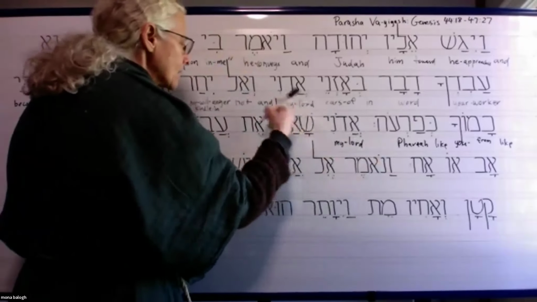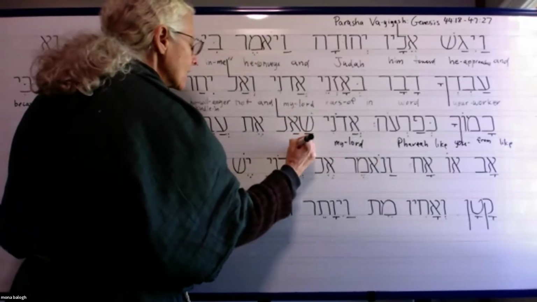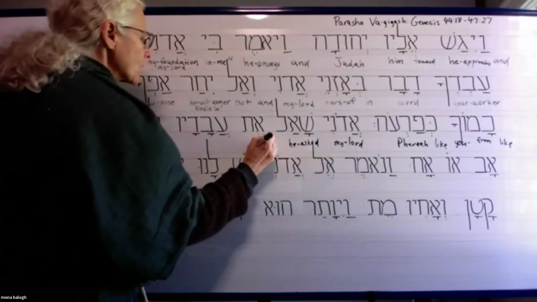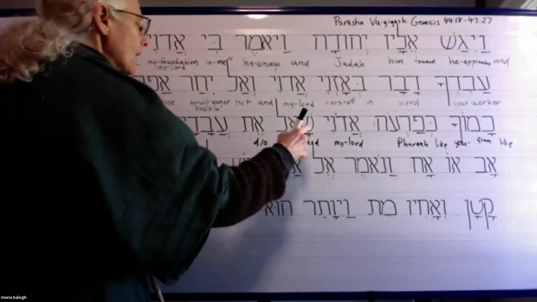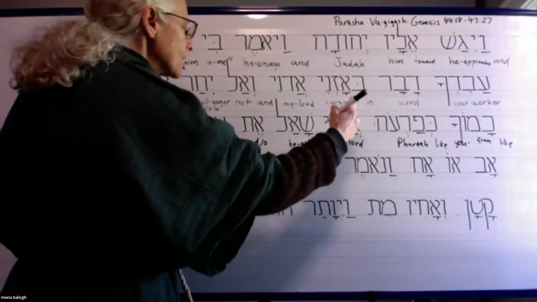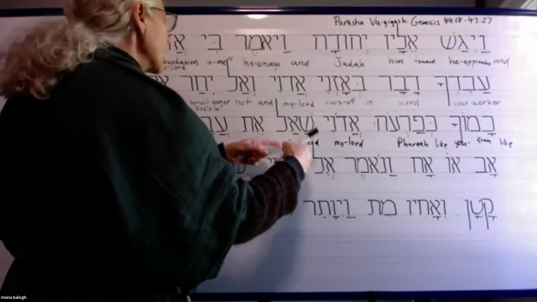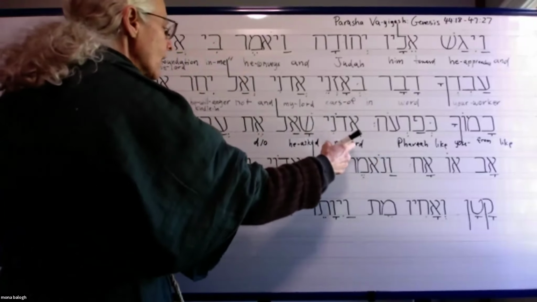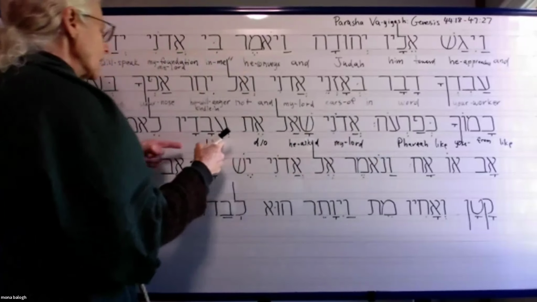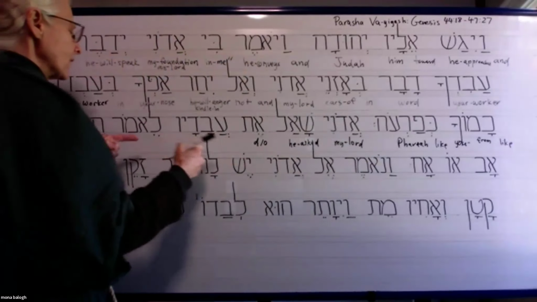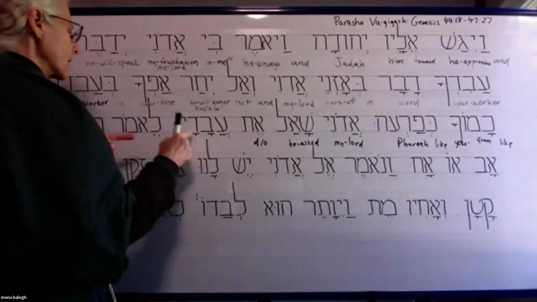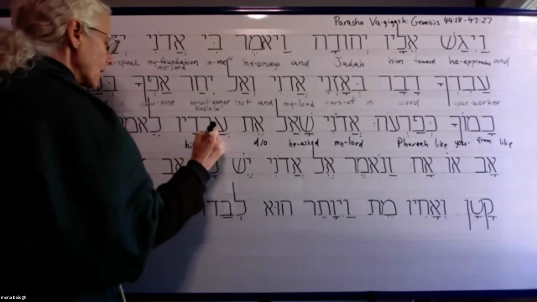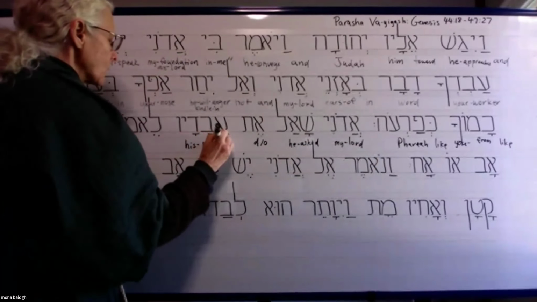Sha'al, this is a verb, he asked. Et, direct object marker. That means we have to have the verb or the subject connected with its direct object. So what's the direct object of my Lord? He asked who? Avadav. Again, kamatz yud vav pronounced without the yud. Avadav, his worker. So he asked his worker.